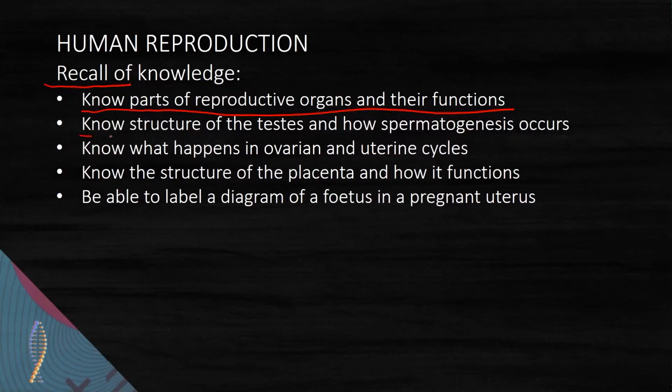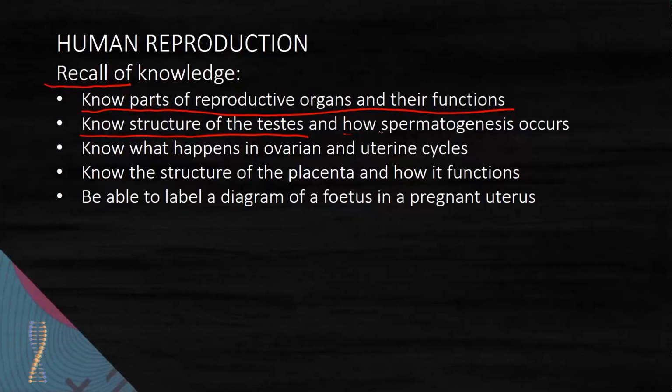You need to know the structure of the testes. That's the testis cut open so that you can see the seminiferous tubules inside it. You also need to know how sperm are formed and where sperm are stored once they have been formed. Then, when we get to the female, and this is more complicated, you have to know what happens in the uterine and the ovarian cycles.